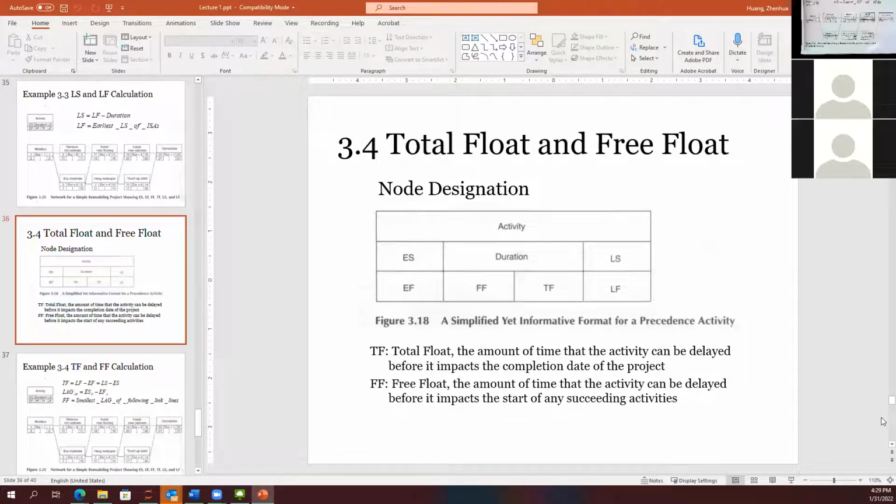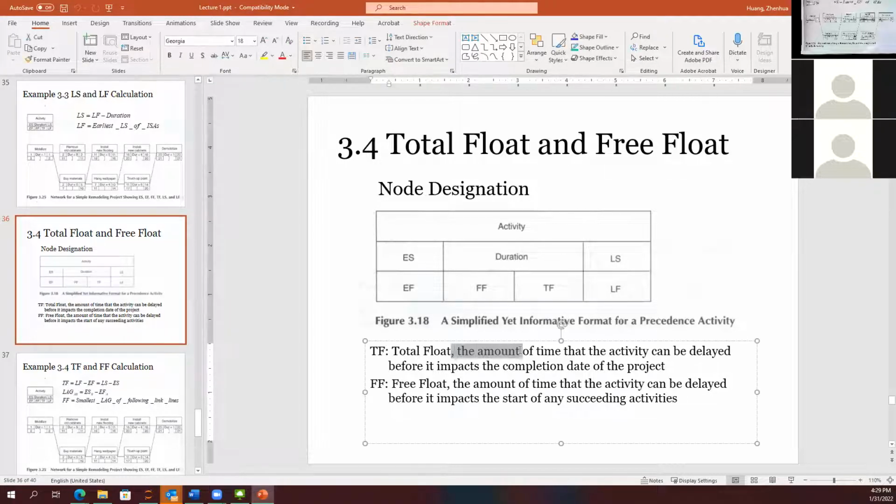We need to calculate float. The two float numbers over here: total float and free float. Okay, there are two numbers. Let's see, what is the total float concept? The total float is the amount of time that an activity can be delayed before it impacts the completion date of the project.